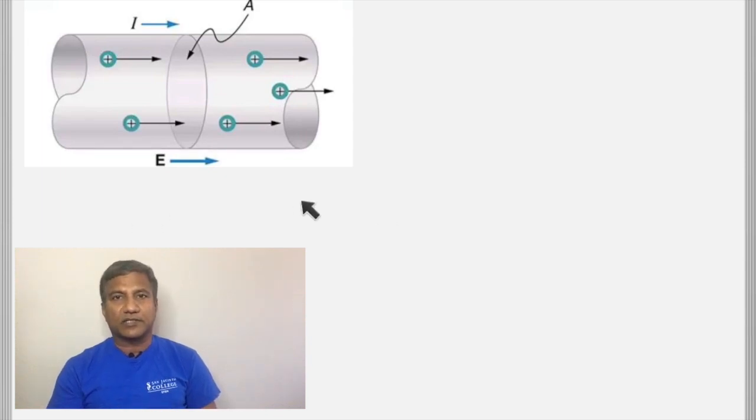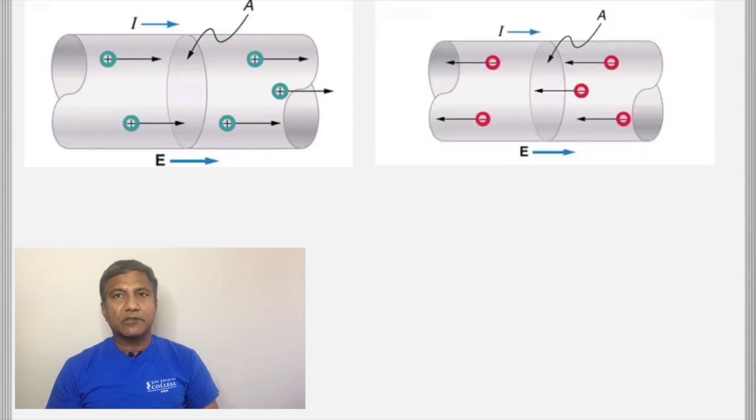And we see that positive charges always move in the direction of the electric field. But if the electric current is due to the flow of negative charges, then the negative charges or electrons always flow opposite to the direction of the electric field. That's another point to be noted. Positive charges flow in the direction of the electric field, while negative charges flow opposite to the direction of the electric field.